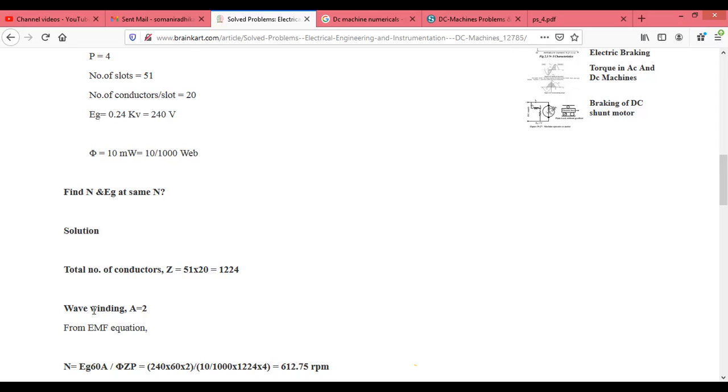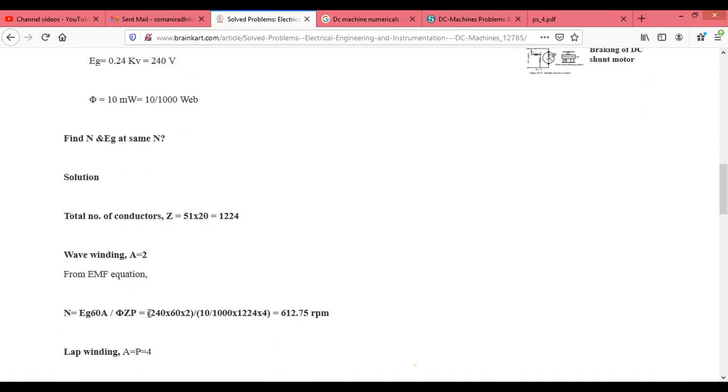If there is a lap winding, you are supposed to consider A equal to P. Your answer will change depending on this, so remember that. If wave winding is given, take A equal to 2.